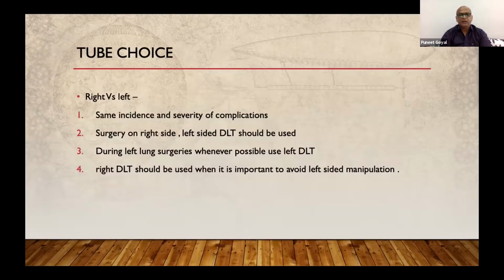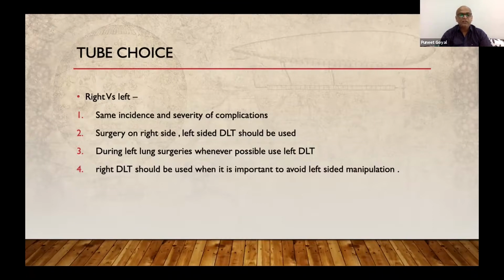Tube choice, right versus left. As far as incidence and severity of complications are concerned, they are the same. For right-sided surgery, a left-sided DLT should be used. During left lung surgeries, whenever possible, again use a left-sided DLT.